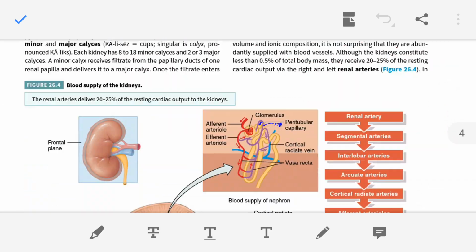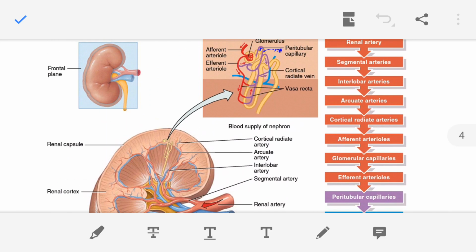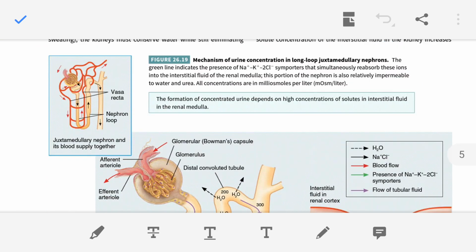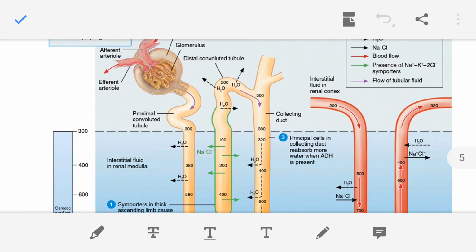Now, here in this figure, one complete nephron is shown.